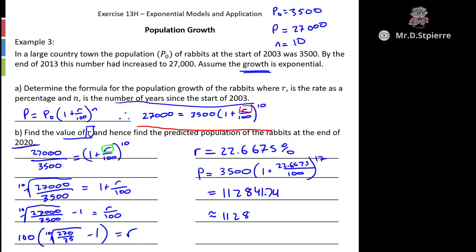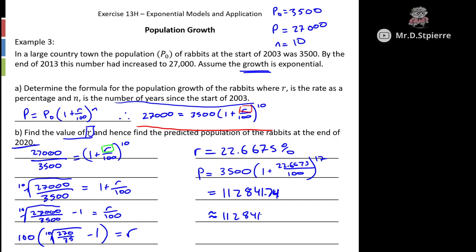Okay, 841, and I haven't rounded up because you can't have half a rabbit, or 0.74 of a rabbit. According to this, after 17 years, we're going to have 112,841 rabbits, approximately. Okay. So that's that problem.